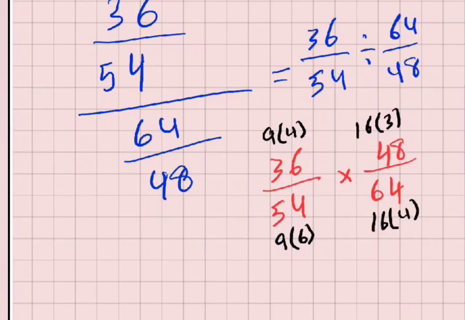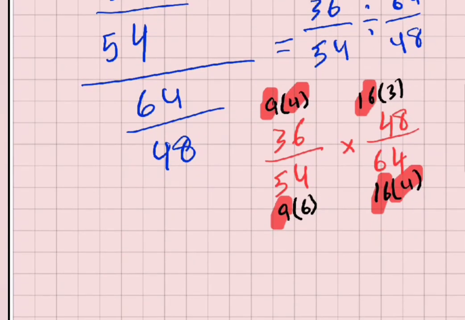So right now we can cancel a 9. We can cancel a 16. And we can cancel a 4. So what we have left over is 3 over 6. Now, 3 over 6 can be reduced. We can divide both numbers by 3.